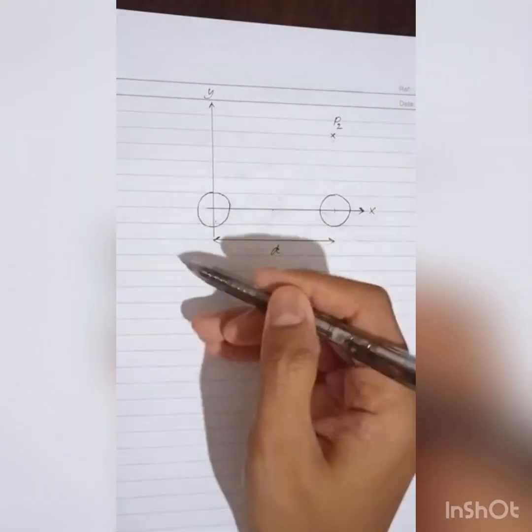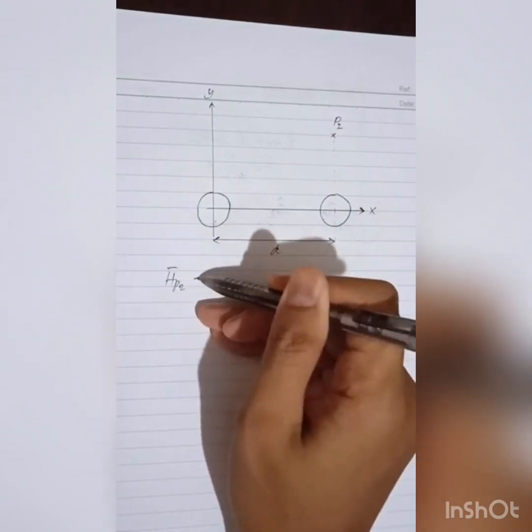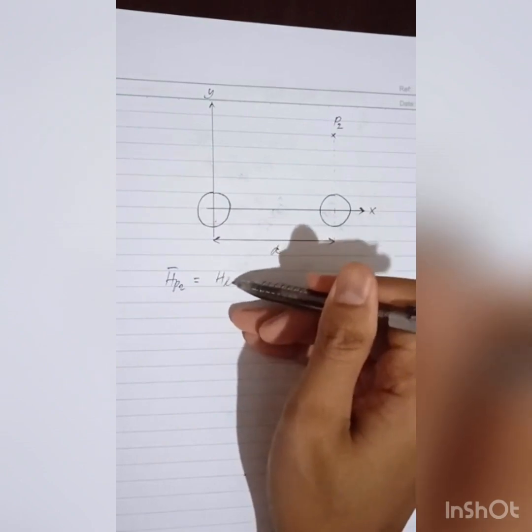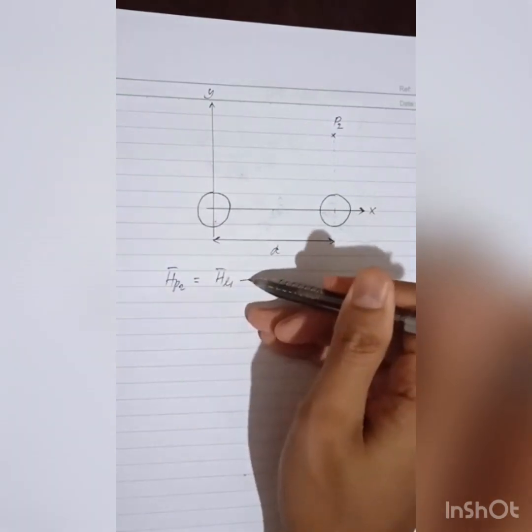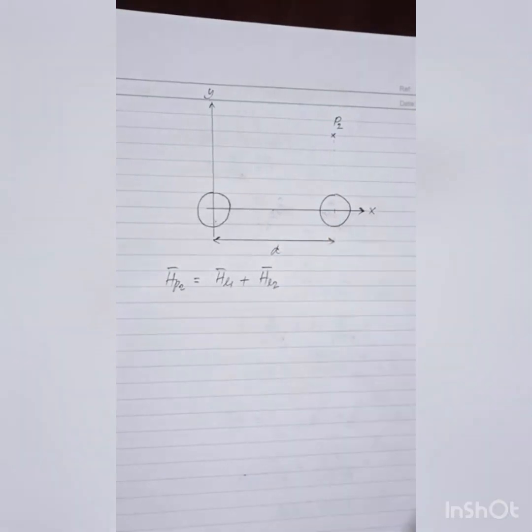So again, we use the same method or steps. The H at P2 is actually the summation of the H due to the first line current plus the H due to the second line current.